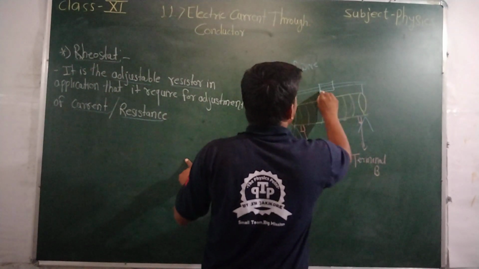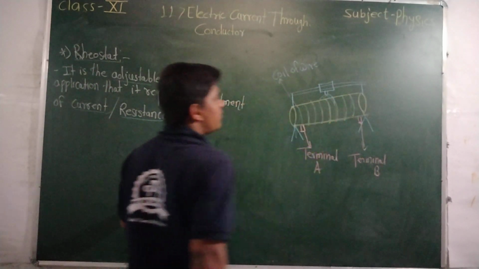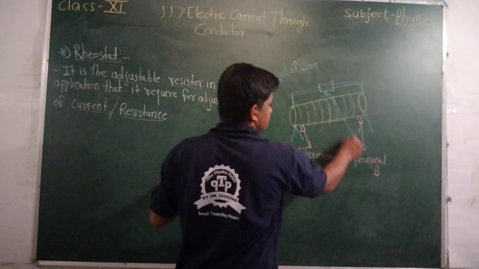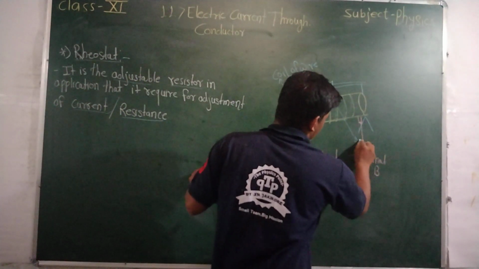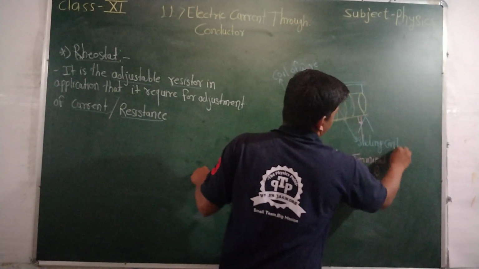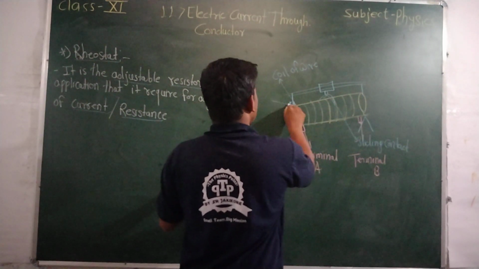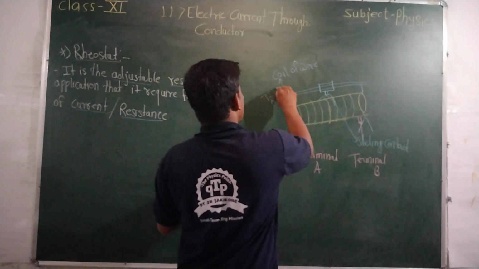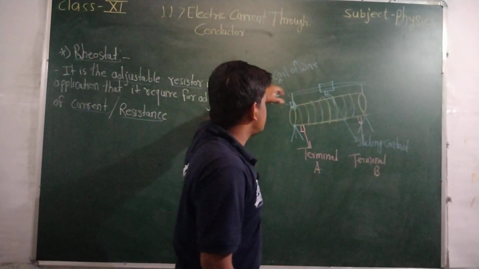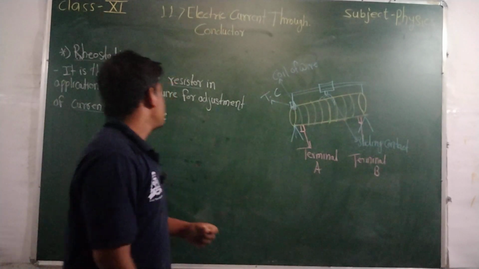And we use another thing here, the adjustable sliding contact. When we slide it, we use another terminal, that is terminal C. When we slide the sliding contact, we change the resistance.